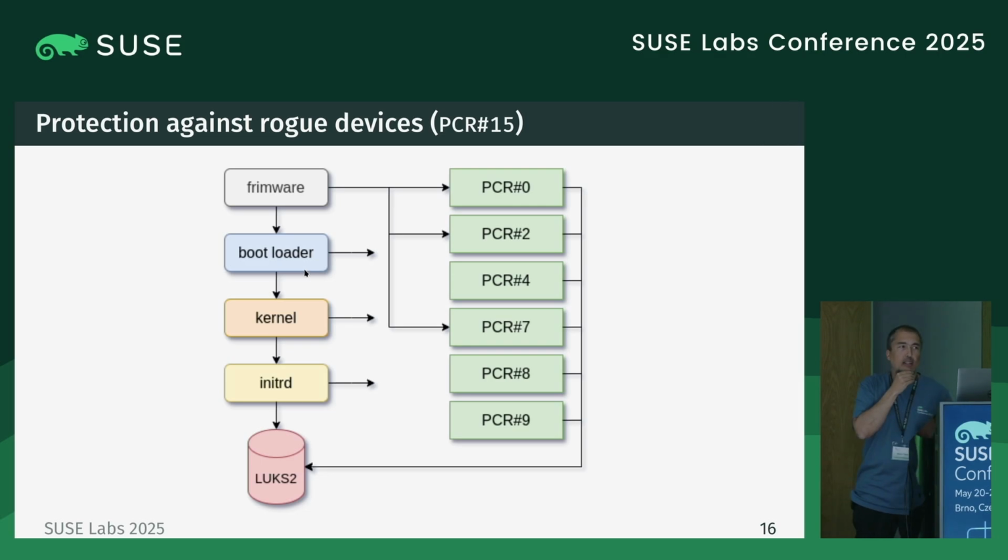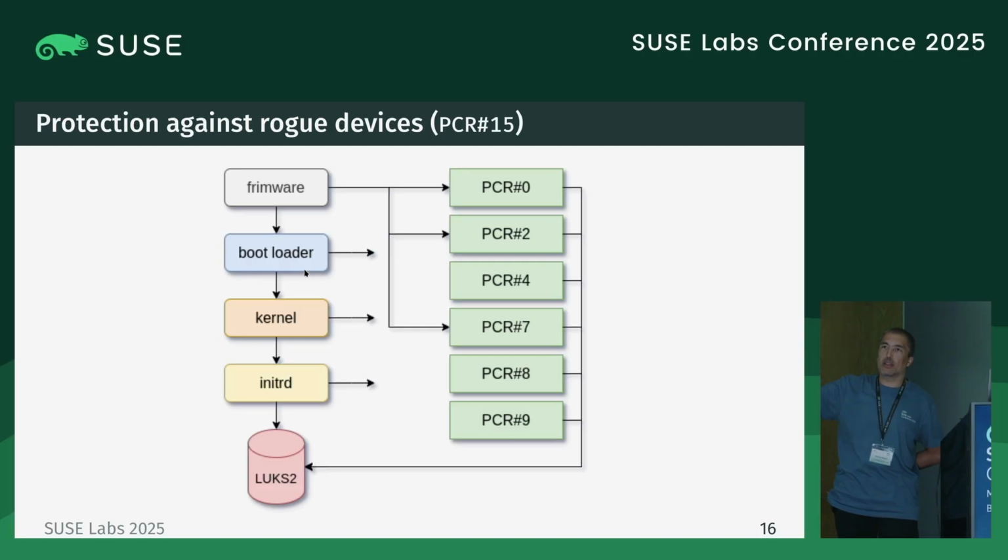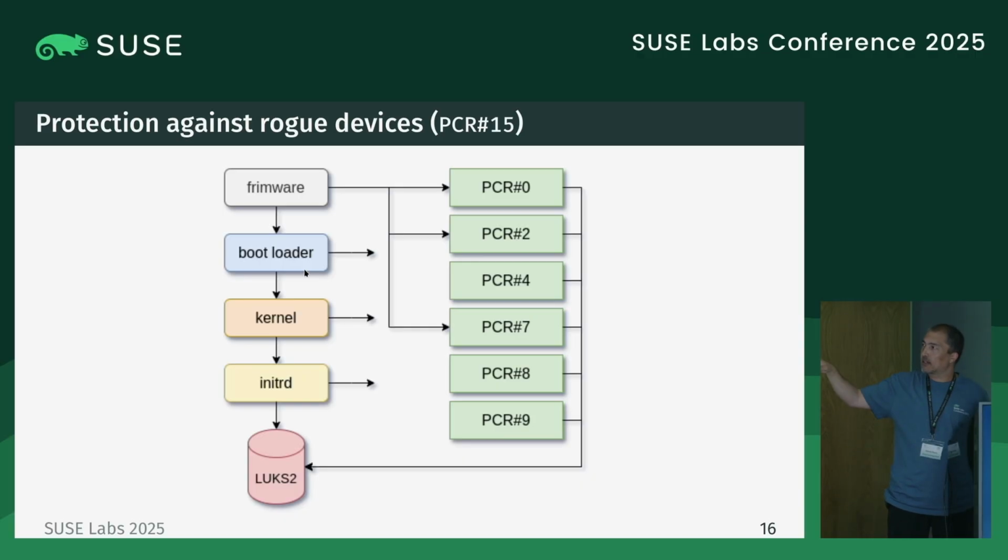Another important change that we did is PCR 15 protection. This is a kind of attack that was, I think, first documented by Fabian here in SUSE, and many months later was replicated by another developer. It basically consists of replacing the LUKS2 device in a situation where the TPM registers are in a good state.